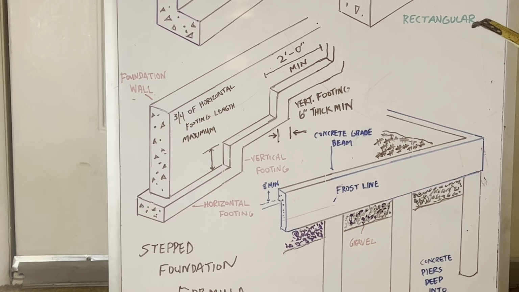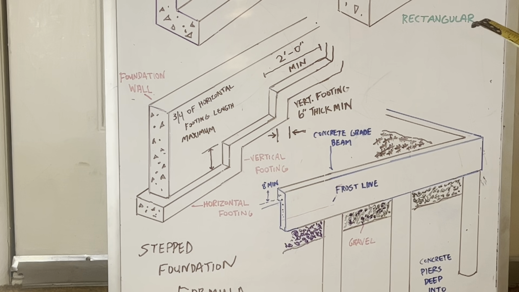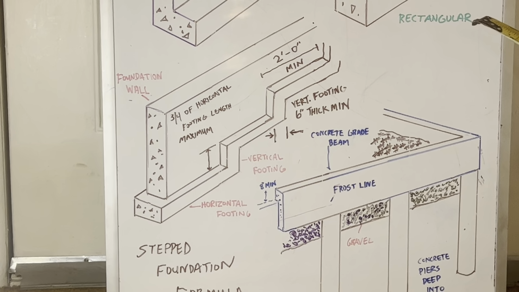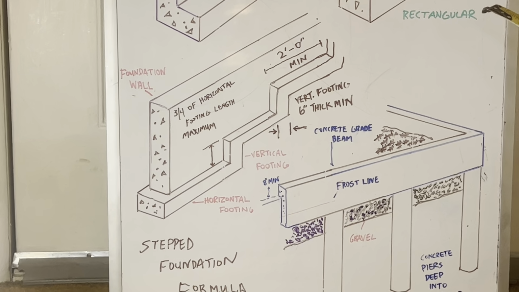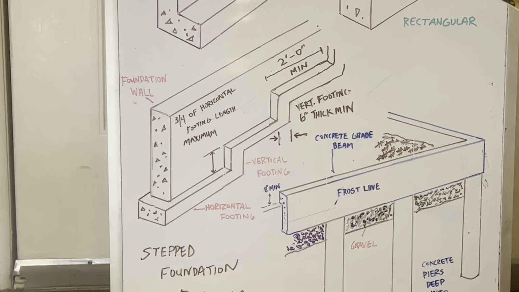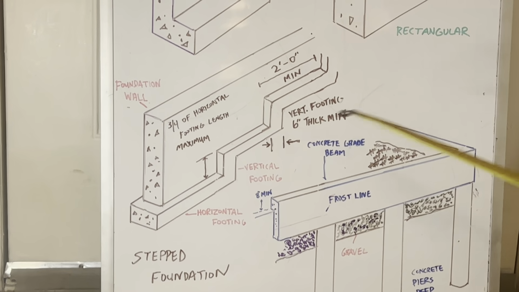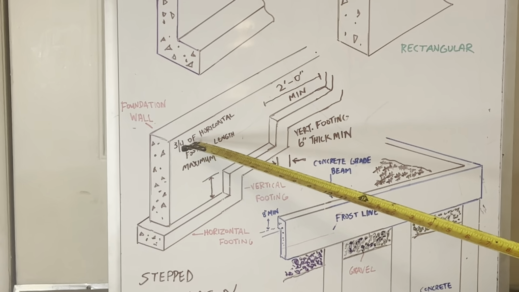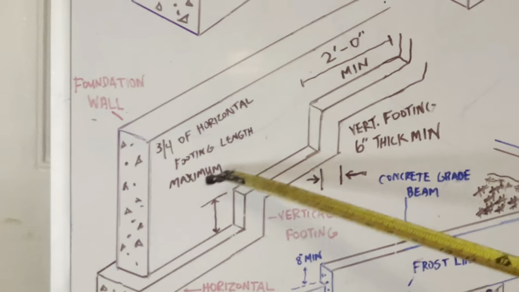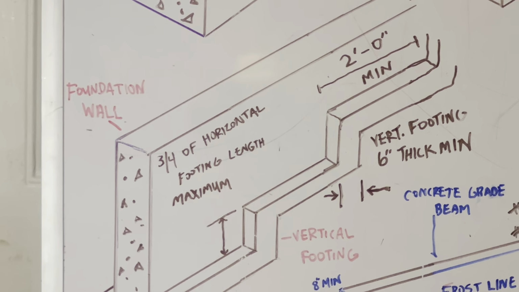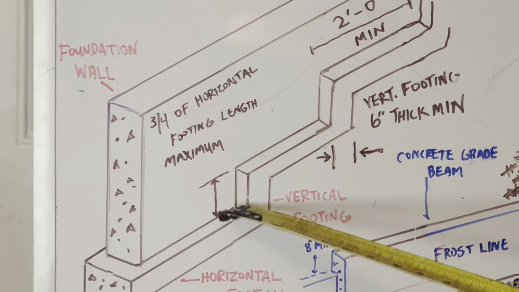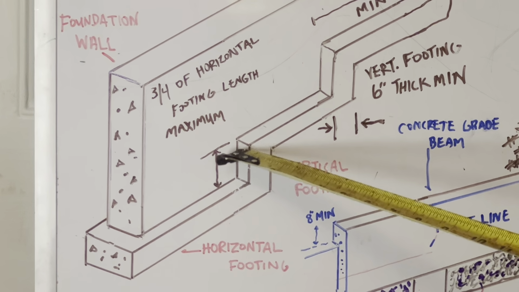The vertical footing must be at least 6 inches thick and no higher than 3/4 of the distance between one horizontal step and another. You see right here, 3/4 of horizontal footing length maximum. Right here, you see this dimension or measurement?